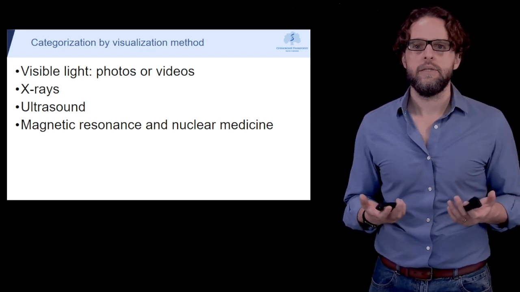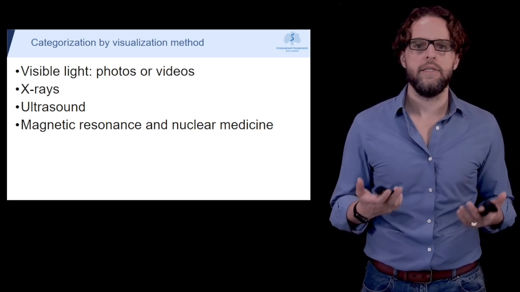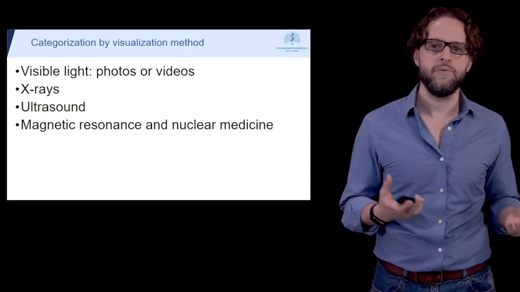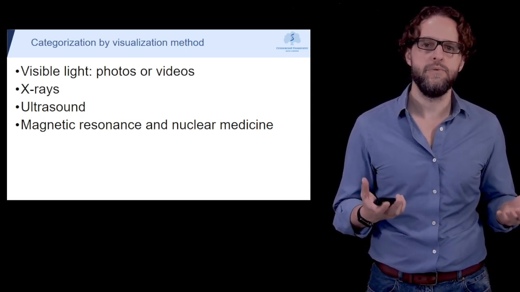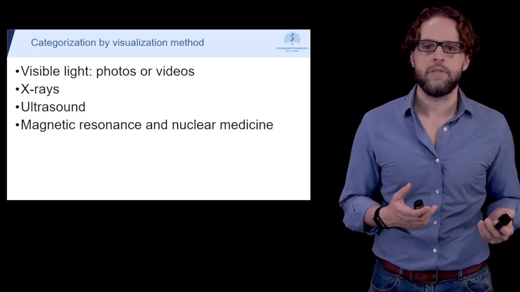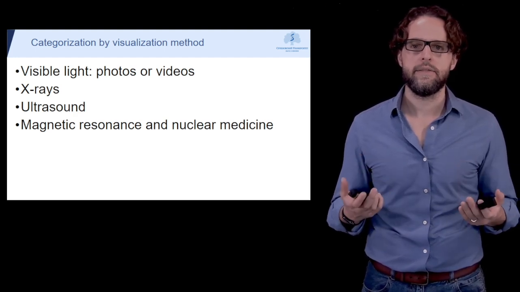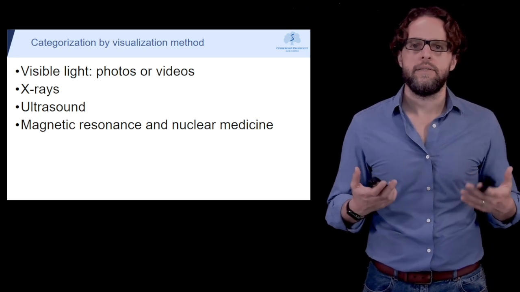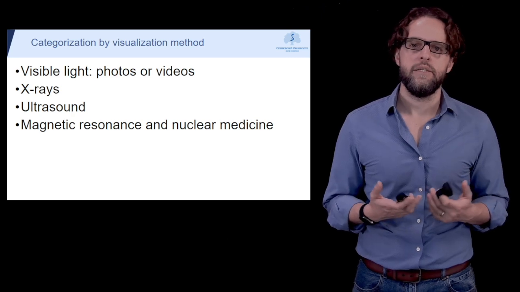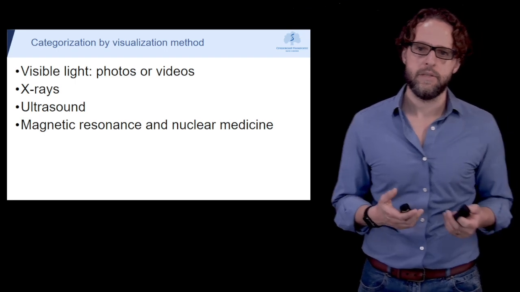X-rays will produce high-frequency electromagnetic radiation that is differently absorbed by bones, air spaces, fluids, and other tissues. X-rays, computed tomography, and related imaging techniques are using ionizing radiation, which can cause damage to irradiated tissues depending on the radiation dose received.